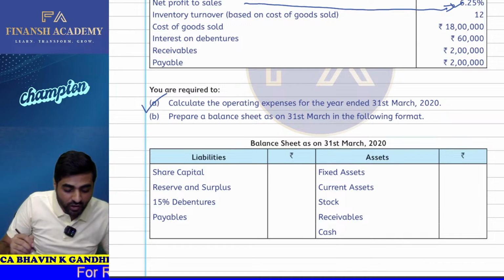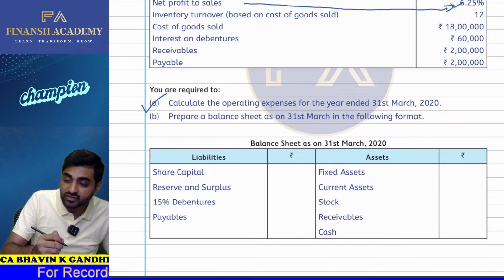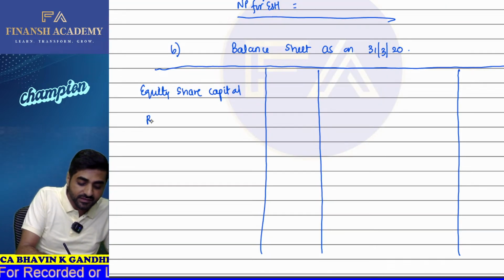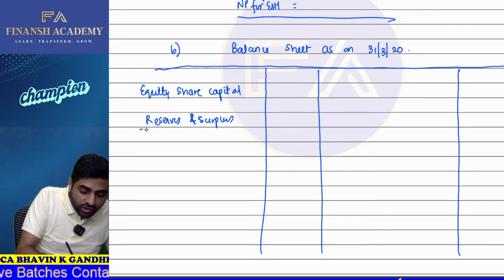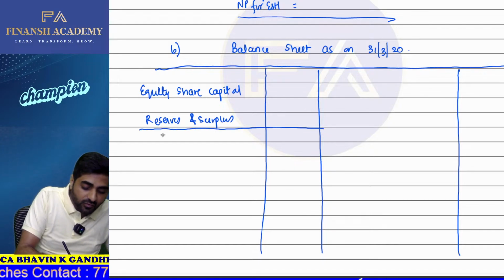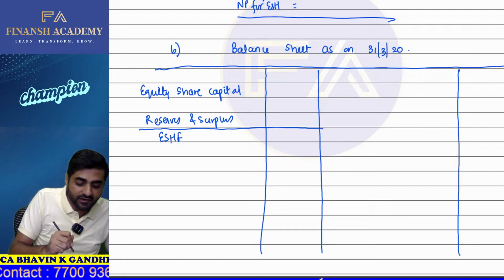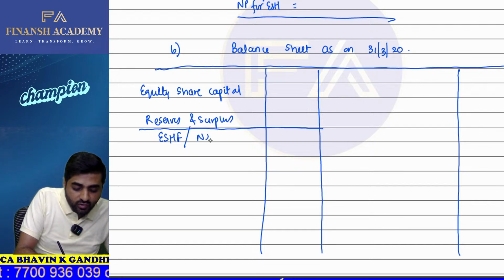Then, my dear students, what do we have next? We have reserves and surplus, so we can write down here reserves and surplus. And the total of this will be called equity shareholder funds, which is also known as your net worth.